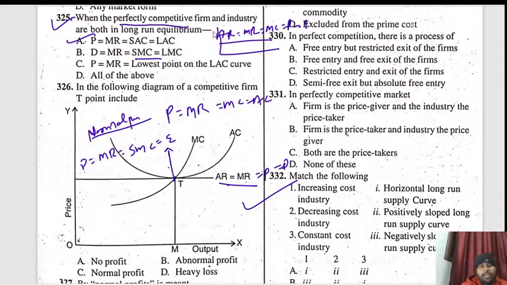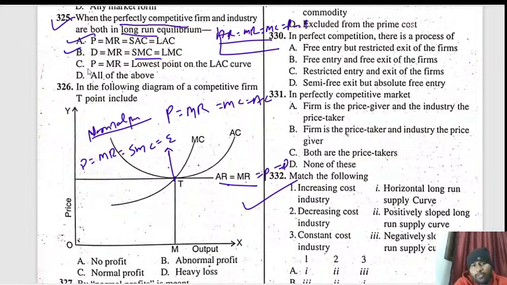Here it is saying that both are in long run equilibrium. The long run is always created from infinite short runs. A particular equilibrium takes place in the short run only, and with various combinations of short runs the long run takes place. So here option B is also correct.